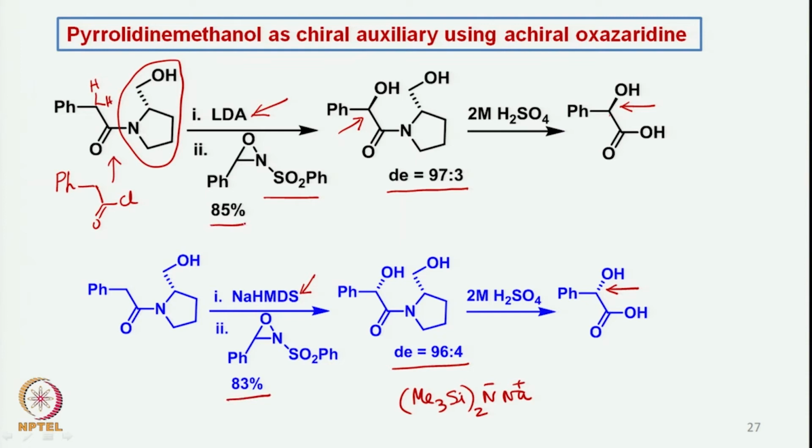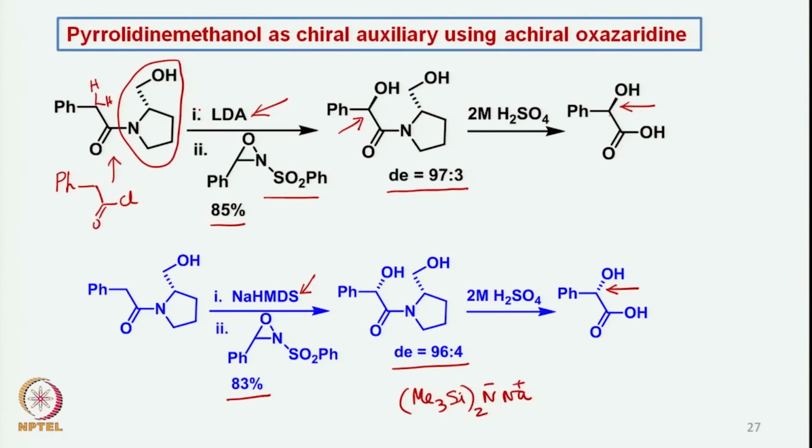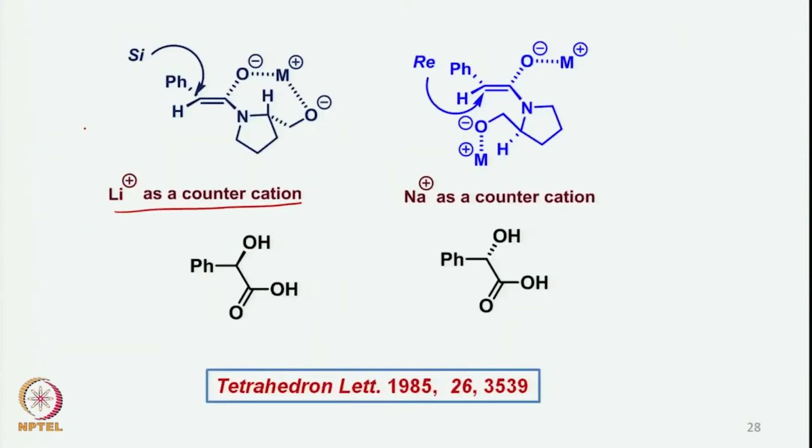Now how does this happen? We should see that in the case of lithium as a counter cation, when the deprotonation of this hydrogen occurs from here, the oxygen of the OH is also deprotonated and we have the lithium here which is coordinating to both the oxygens.